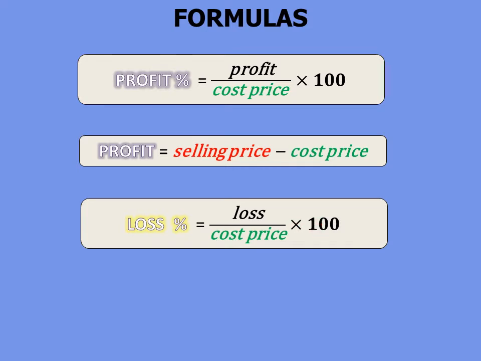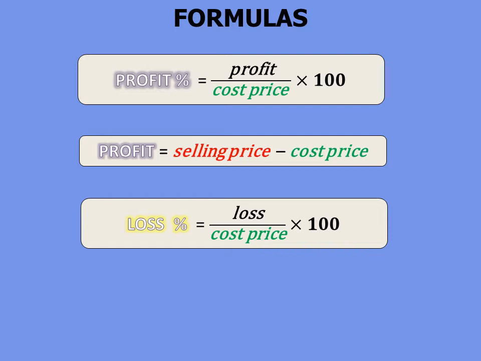And the reason we multiply both the profit percent and the loss percent by 100 is because we're dealing with percentages. And I'm sure all of you remember that percent means out of 100. That's why we multiply by 100.